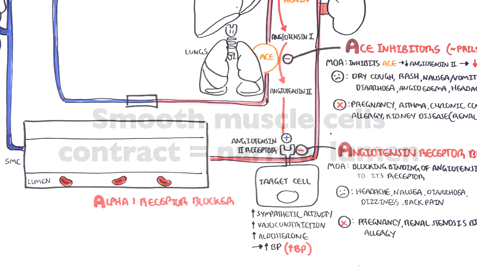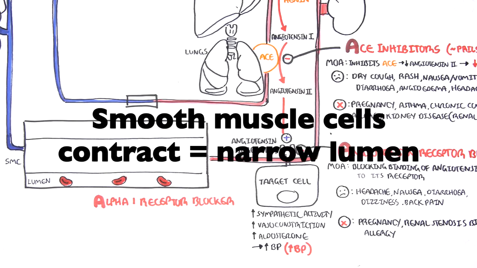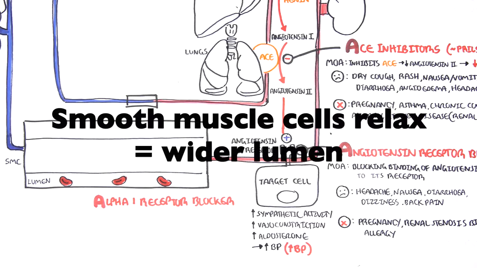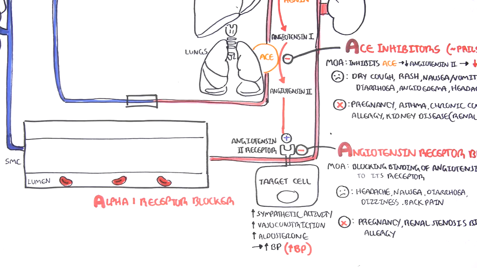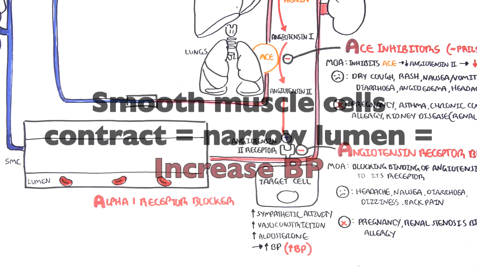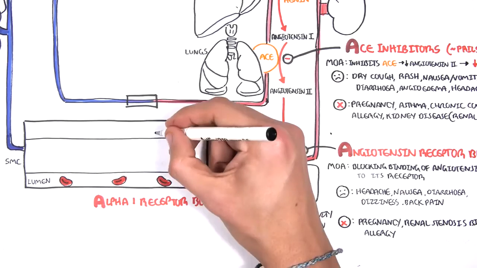The smooth muscle cells can contract, and this will make the lumen of the vessel smaller. Or the smooth muscle cells can relax, and this will dilate the lumen, making it wider. So as you might suspect, when the smooth muscle cells contract and the lumen becomes smaller, the blood pressure increases.